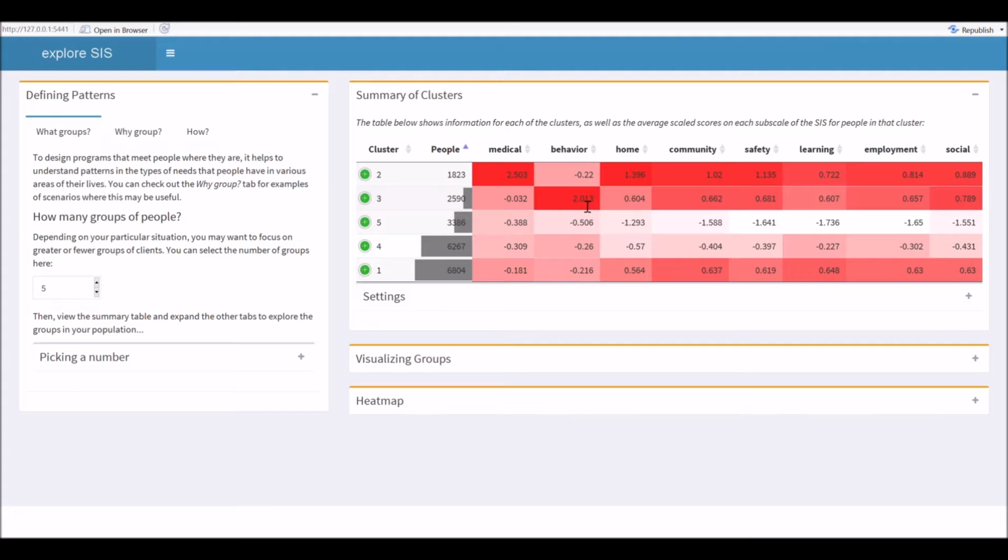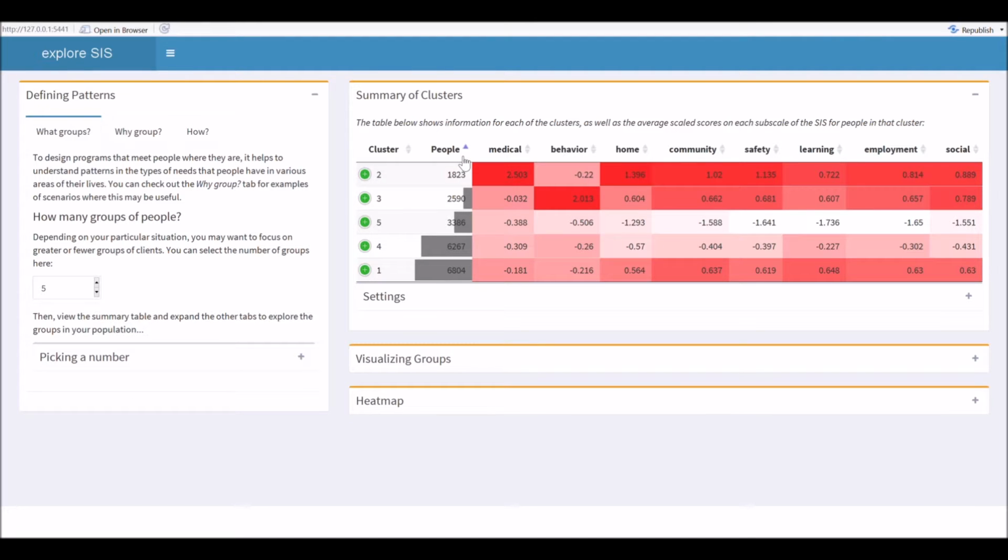So the average behavioral scores of this group are higher than in any other group. If we were going to characterize these groups, we'd say the smallest group has high medical needs and high needs across all support needs, but relatively low behavioral needs compared to this second group, which really has moderate needs across all of the domains, but especially high needs in this behavioral area.